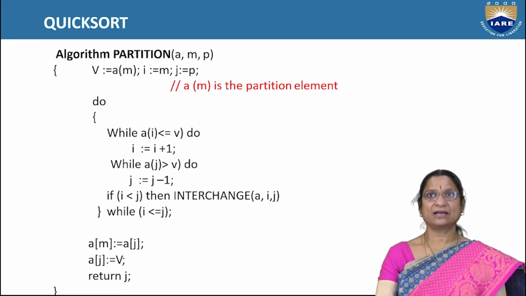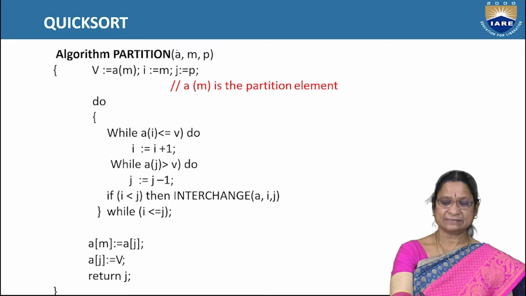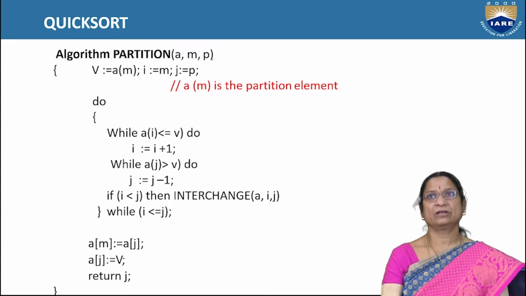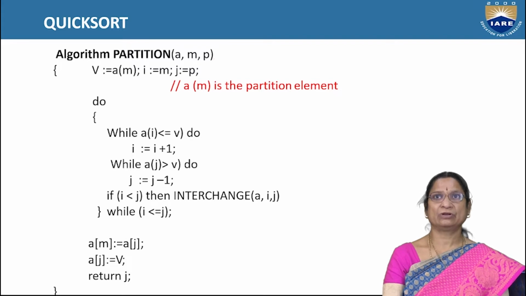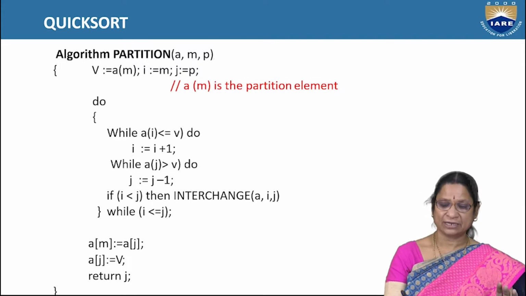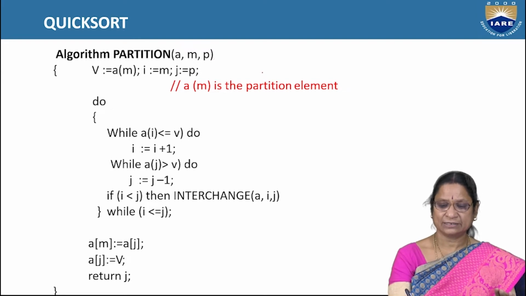In this partitioning algorithm, we are passing A, M, P. M is the lower bound and P is the upper bound. This partition algorithm considers A of M, that is the first element, as the partitioning element.